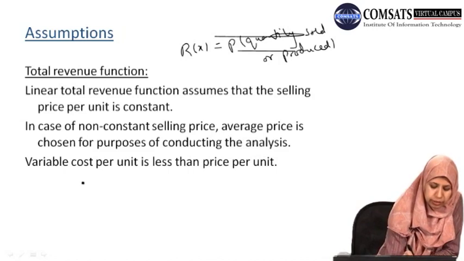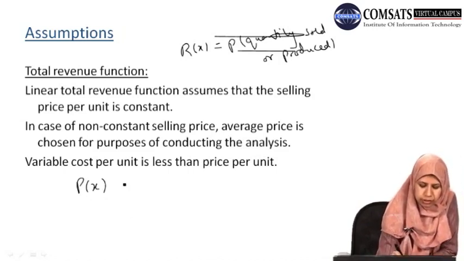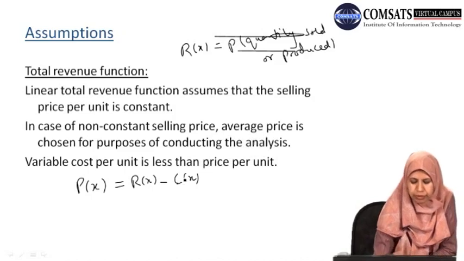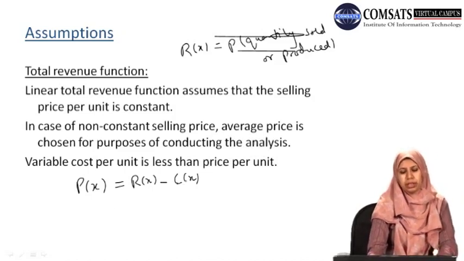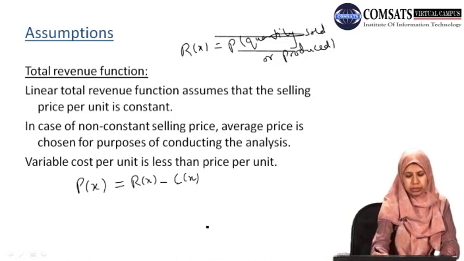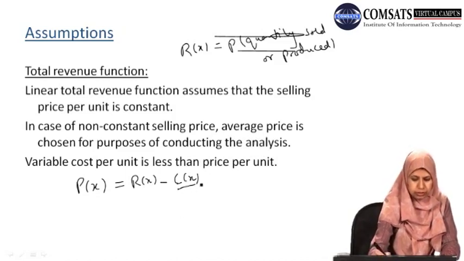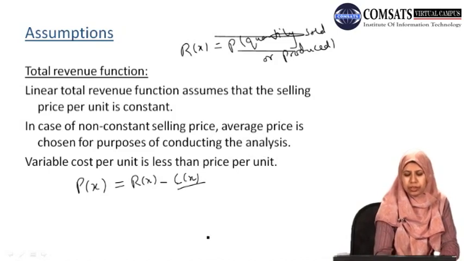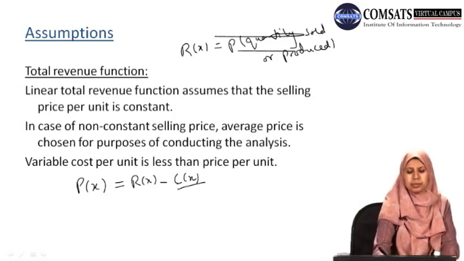This is very much clear from the definition of the profit function, which is the difference of cost function from the revenue function. And we are saying that variable cost per unit, that is this one, a part of this cost function, is less than price per unit.